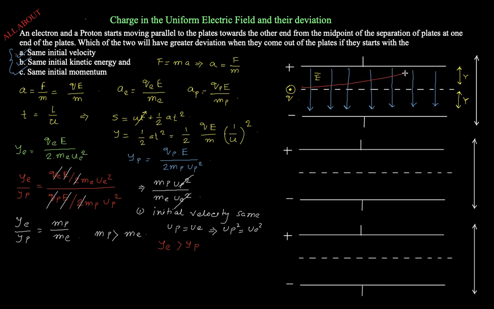If the deviation for the electron is like this, and this is the electron as it is red, and yellow is the proton, then the proton will deviate less. Okay, that means if this is YP and this is YE.